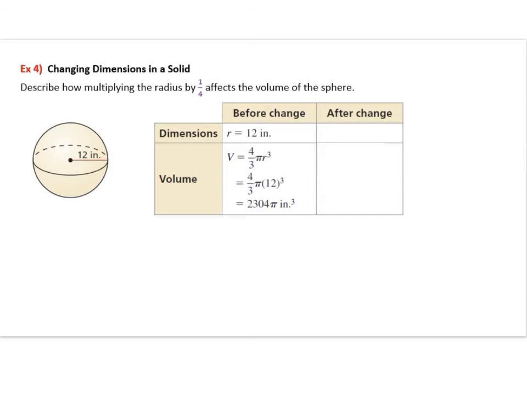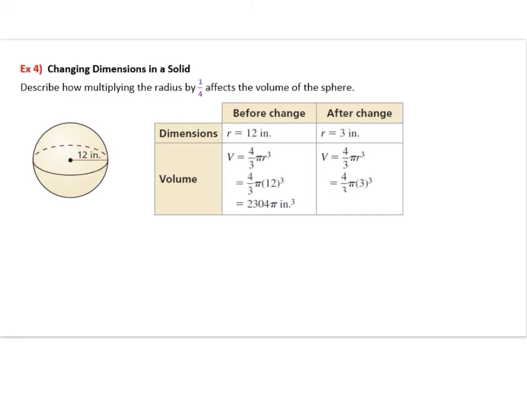All right, so now we're going to change our radius by multiplying 1/4 times 12, getting a result of 3 inches. So we're going to plug that 3 value into our master formula, 4/3 pi r cubed.